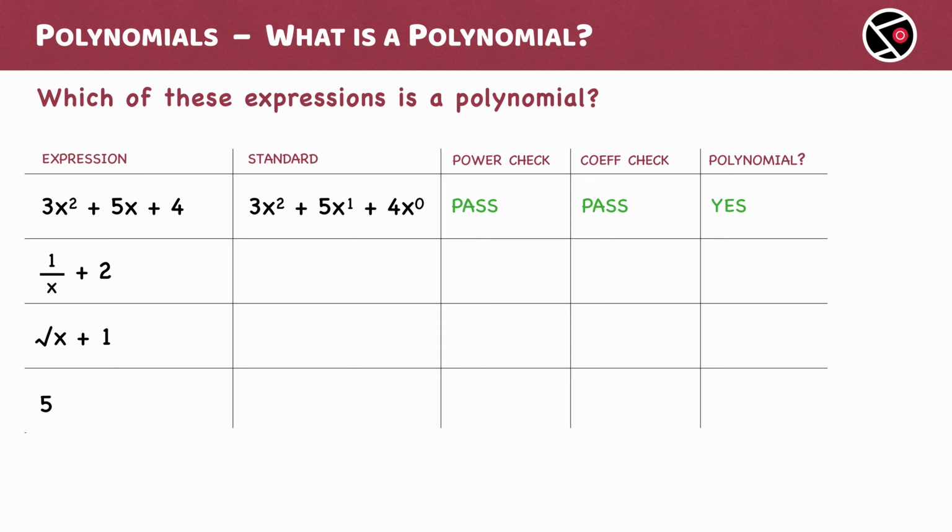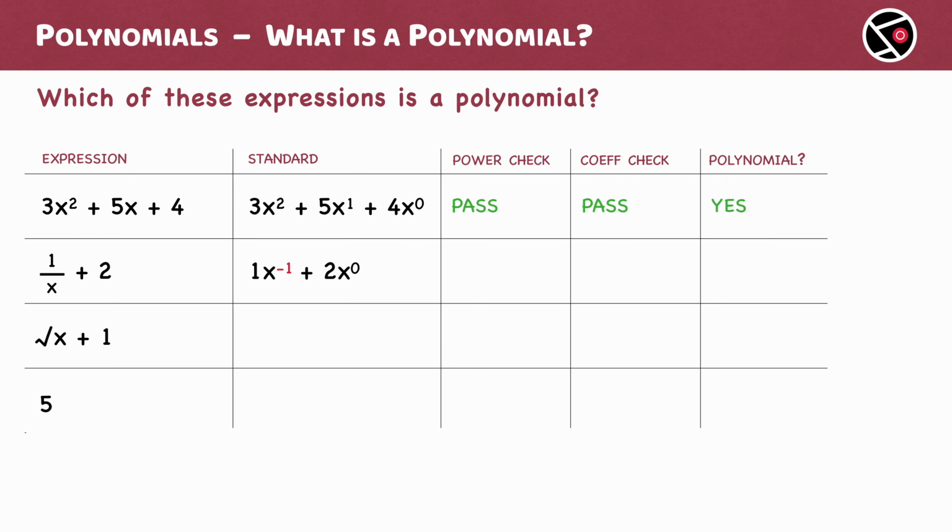Now let's move to the second expression. 1 over x can be written as x to the power minus 1. So the expression becomes 1x to the power minus 1 plus 2x to the power 0. Here, the power of x in the first term is minus 1, which is not a whole number.